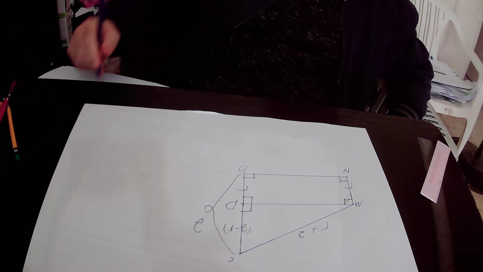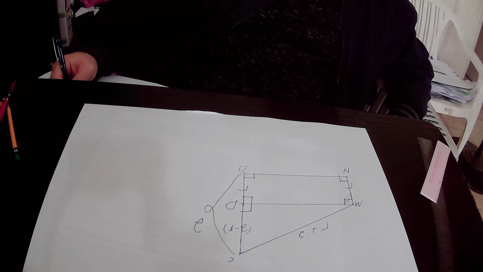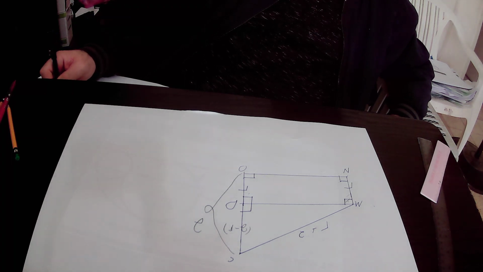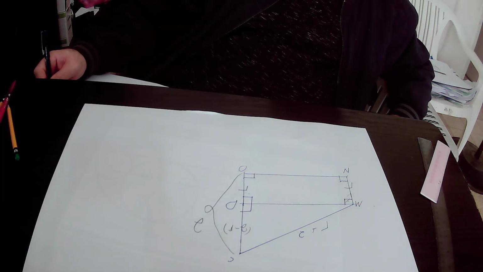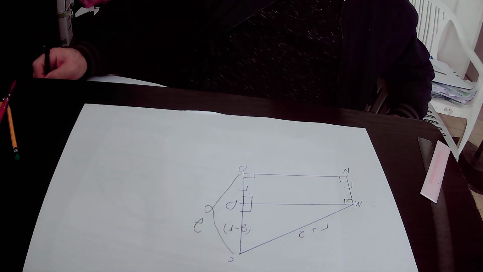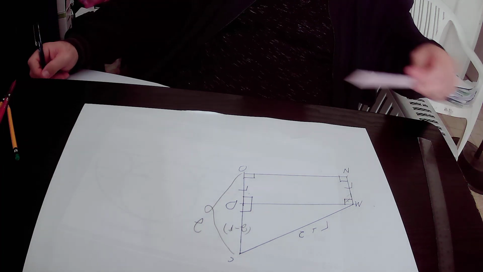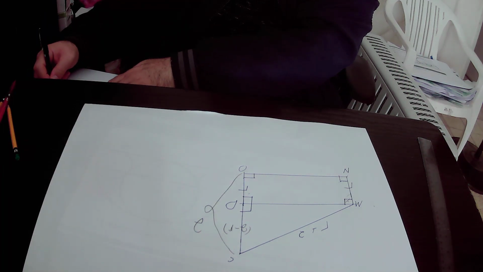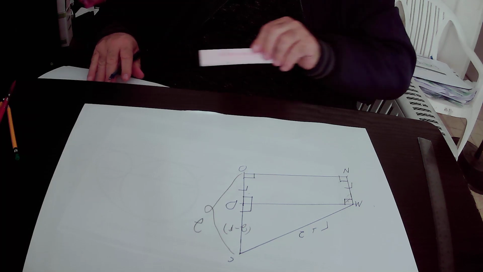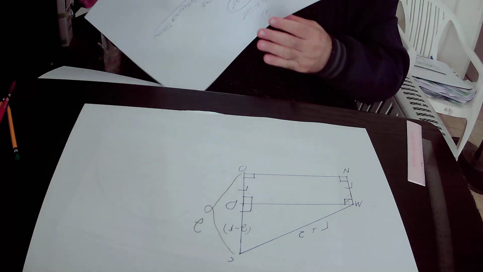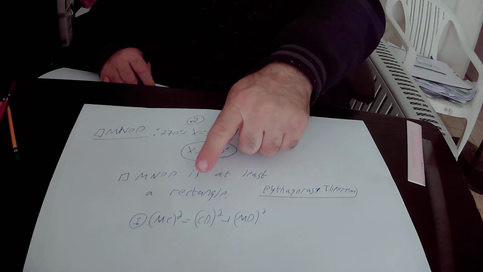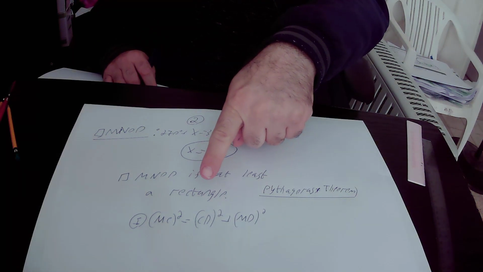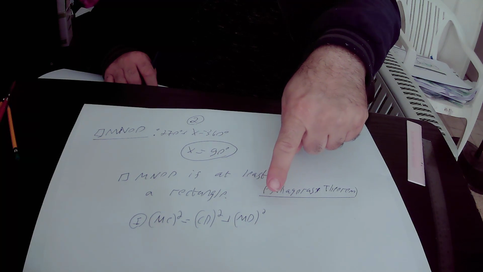I will repeat again. According to the Pythagoras theorem, in the right triangle CDM, the square of the hypotenuse equals the sum of the squares of the perpendiculars, that is to say, MC square equals CD square plus MD square.